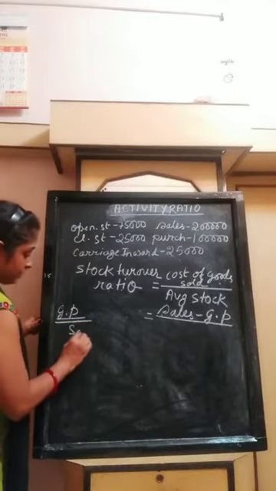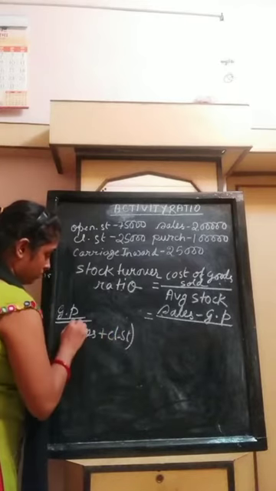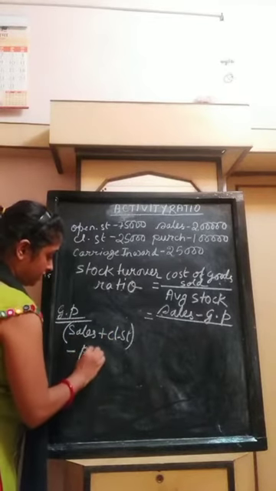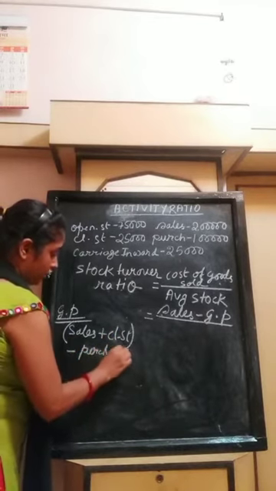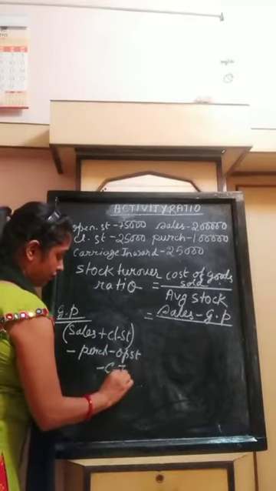So sales plus closing stock minus purchase minus opening stock minus carriage inward.